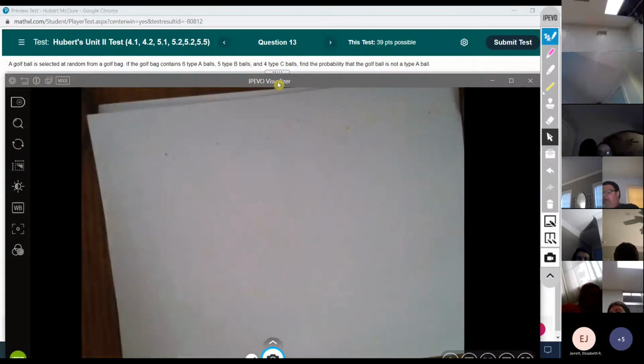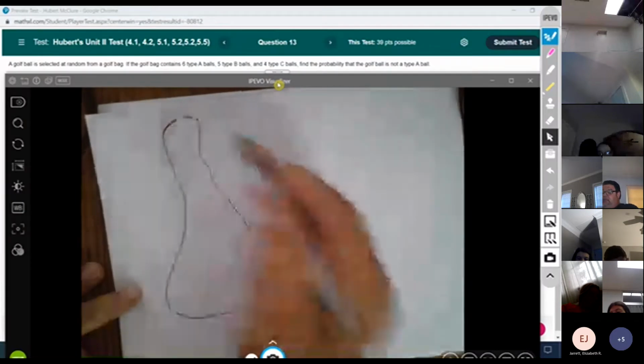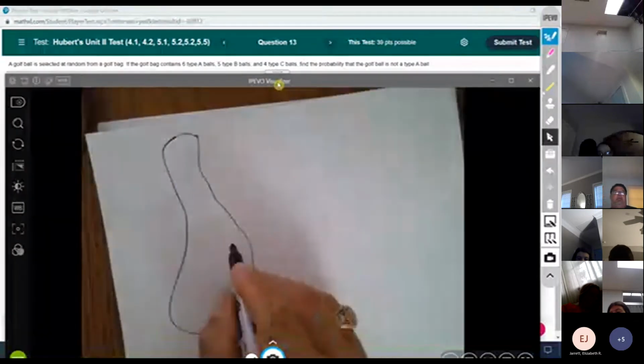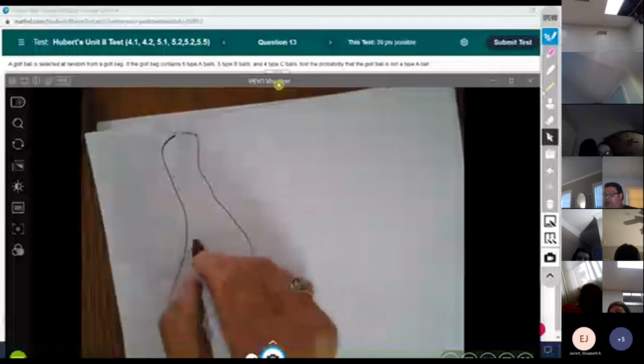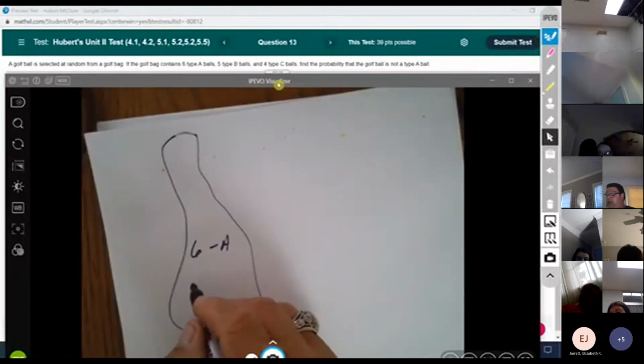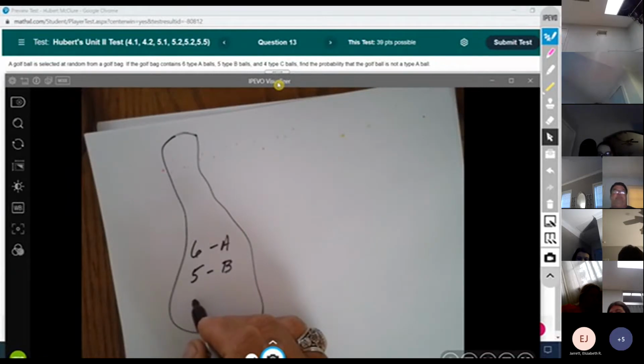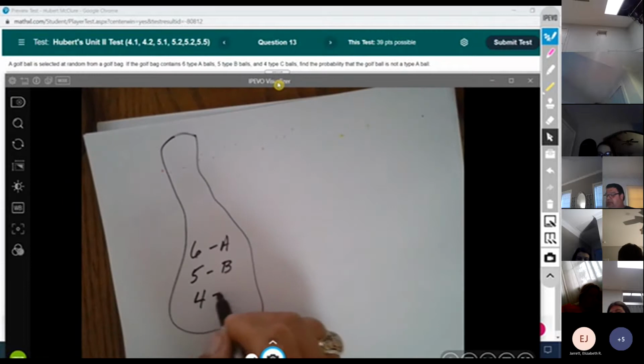So you got a golf bag, and you got 6 balls in there that are A type. You've got 5 balls in there that are B type, and you've got 4 balls that are C type.